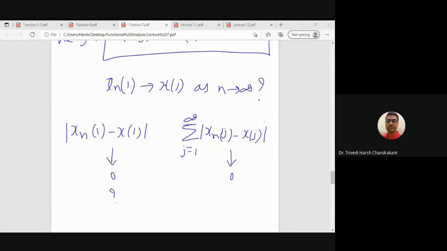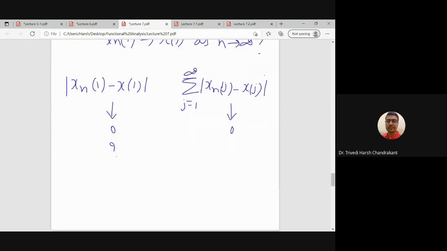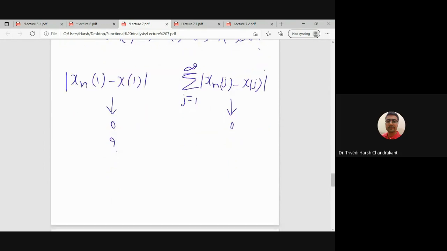Yes, Jayesh, any idea? Sir, if we can apply some property of like partial sums, mm, Yeah, partial sum we can apply, or basically what is this? this This is a series. infinite Yeah. sequence. So what is that?